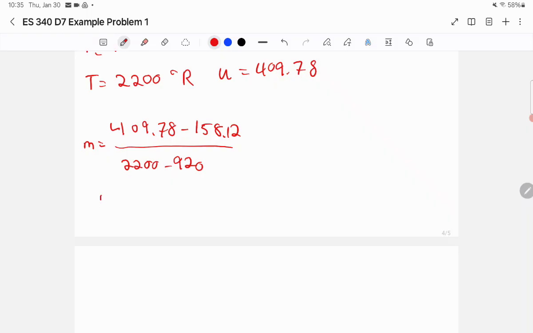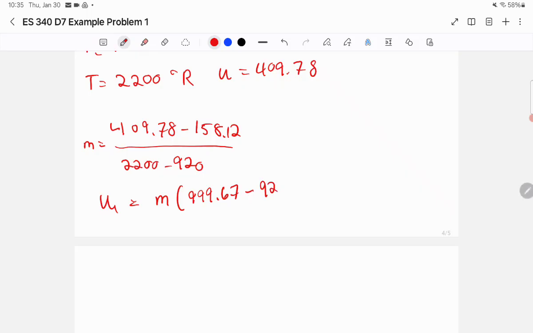So we find that U1 is going to be equal to m times, what was the T that we were trying to look for? That was about 999.67, or about 1,000 really. So if you get something close to 1,000, that's fine. Minus whatever the other temperature was that we decide to use.